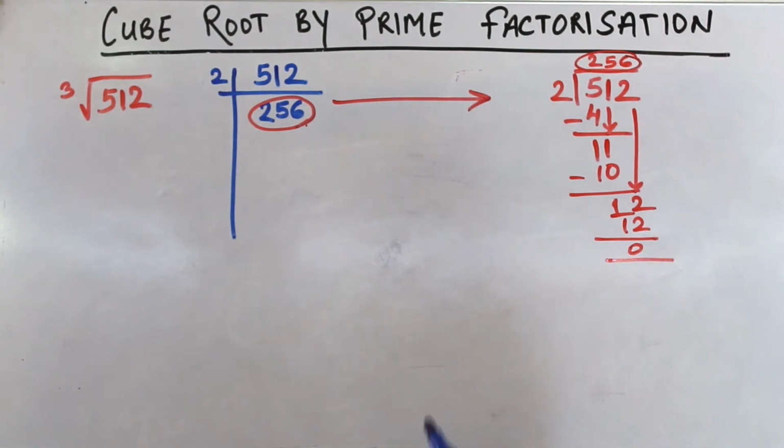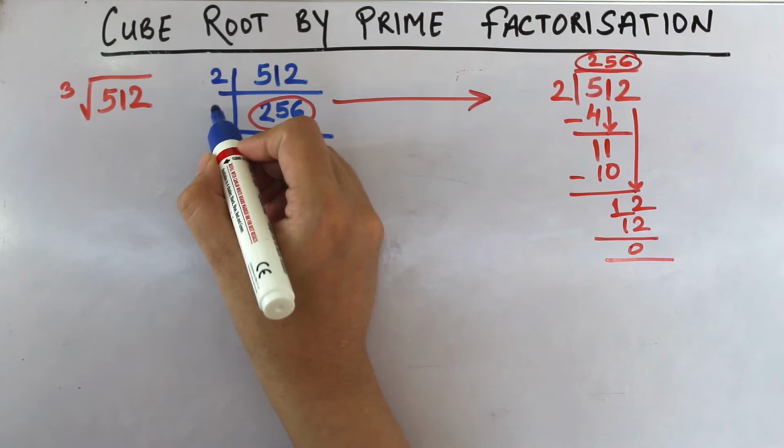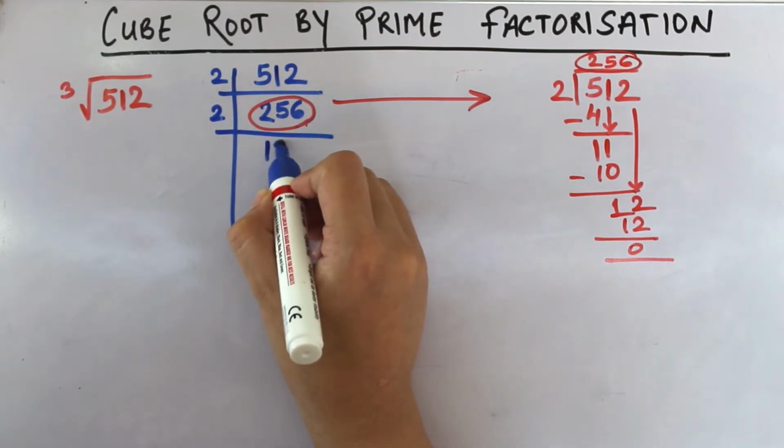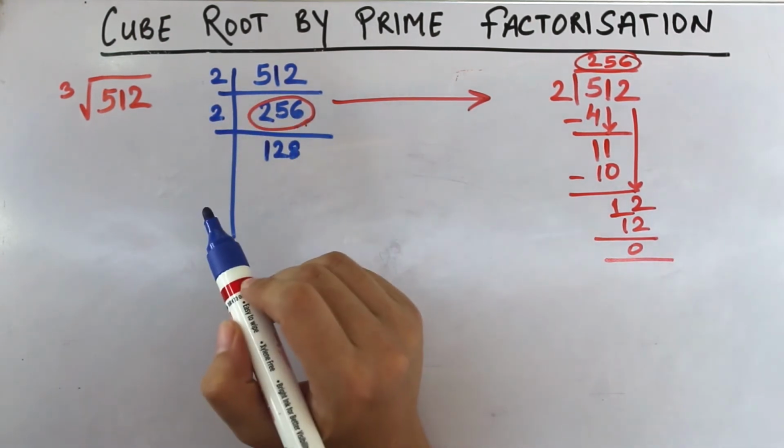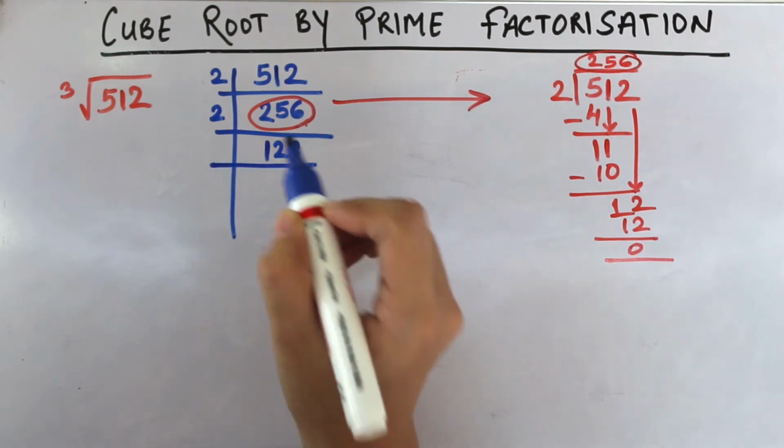Now we will continue the same method. So 2 into 128 gives me 256.